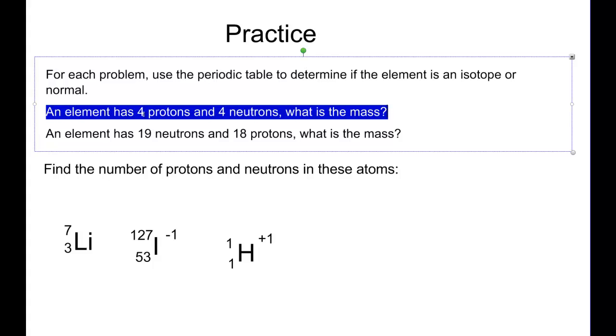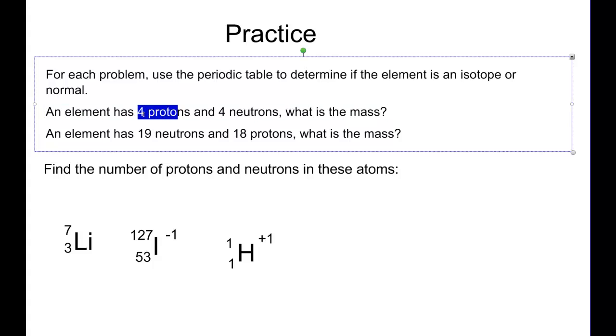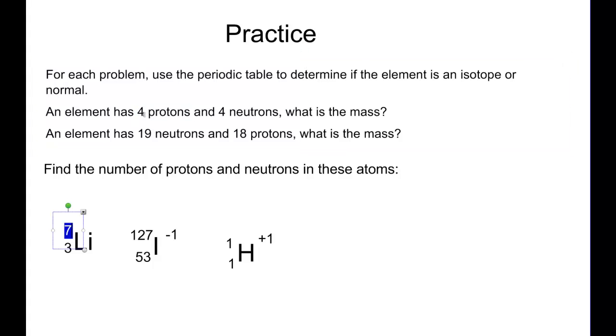Then tell me if this element that has atomic number 4 with a mass of whatever you find the mass to be is actually an isotope or normal. So you have to look on the periodic table and compare your answer to what's on the periodic table to figure that out. Same thing down here. You've got lithium, find the number of neutrons, find the number of neutrons for iodine, hydrogen, etc. And then tell me if it's an isotope or not.